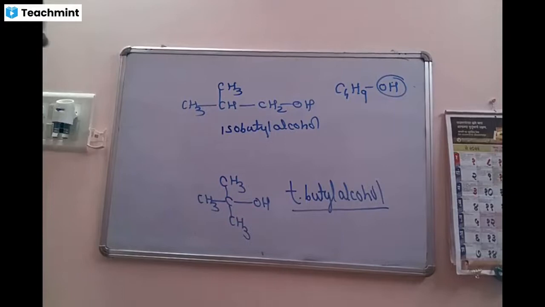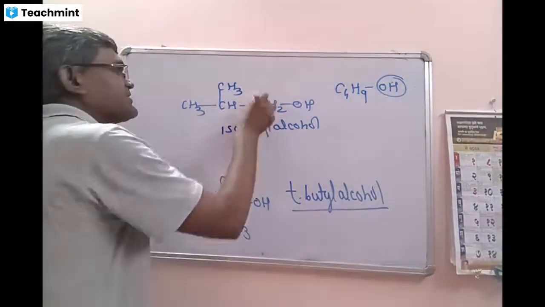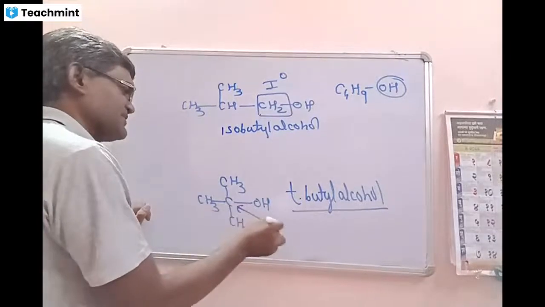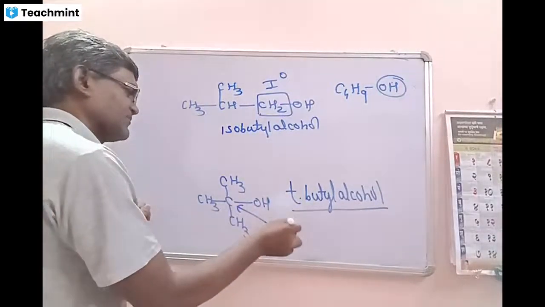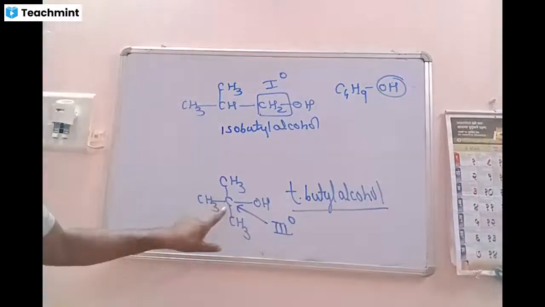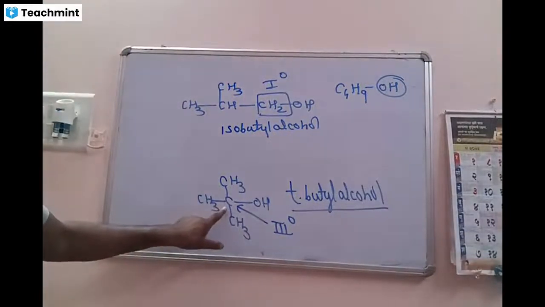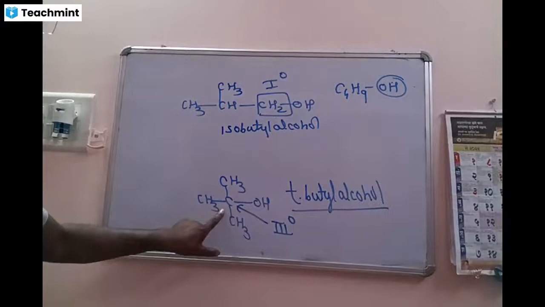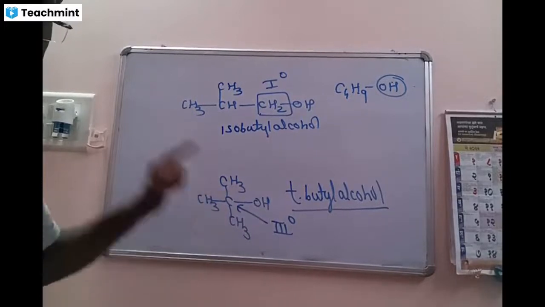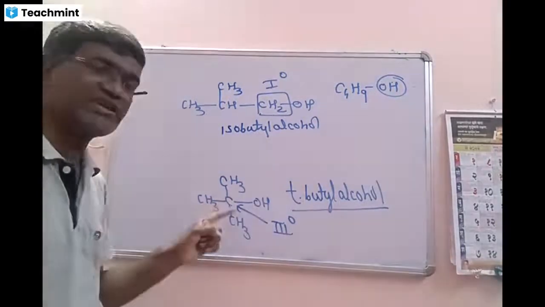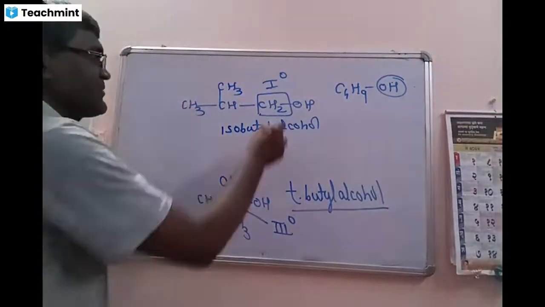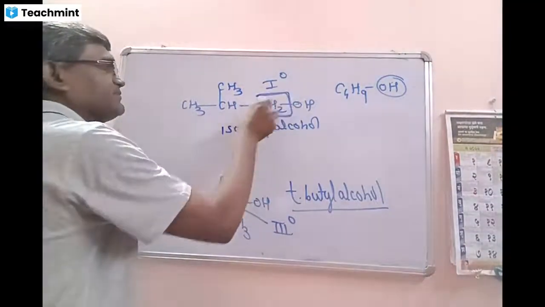So in these two compounds, यहाँ पे this type of carbon is known as primary carbon, whereas this carbon is known as tertiary. That's why tertiary is there in the name. This is a tertiary carbon and it holds the functional group. The functional group is attached with this tertiary carbon and that's why this is a tertiary butyl alcohol. Whereas this one is a primary carbon having that OH group.